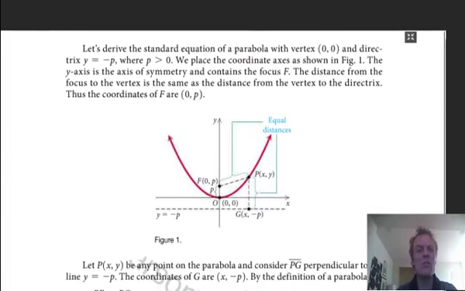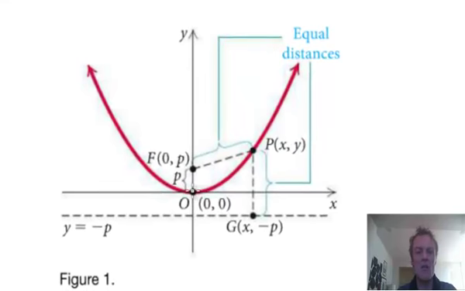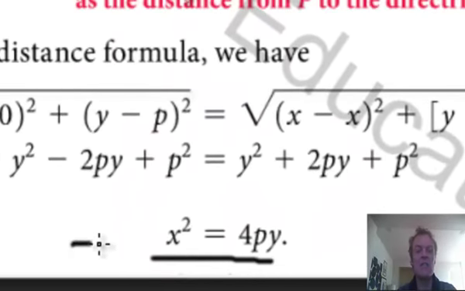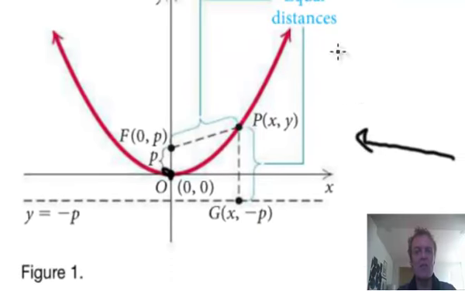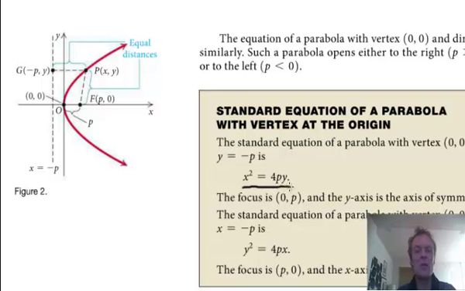Now, I'm not going to derive the standard equation of the parabola, but we're looking at the vertex at 0, 0, right here, right on the origin of the xy axis for now. Here is the standard form of the equation of a parabola. This one applies to this: x squared equals 4py.